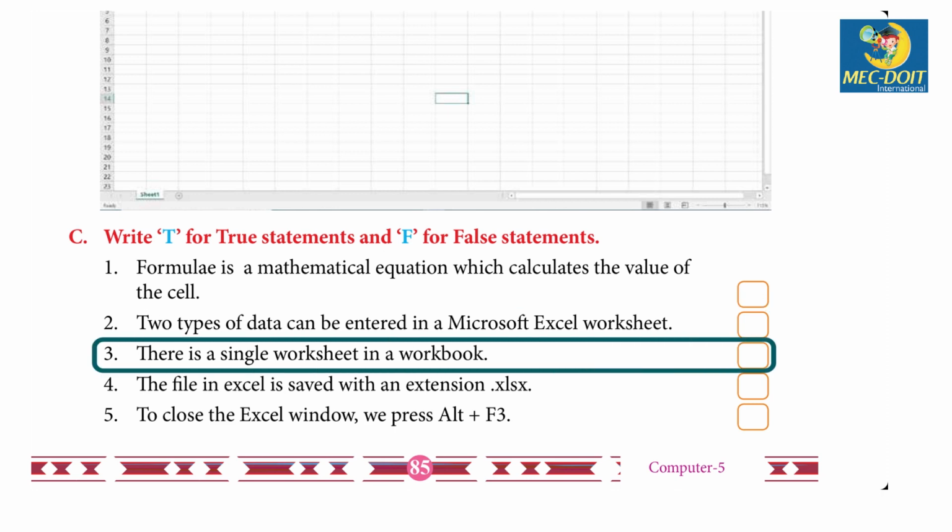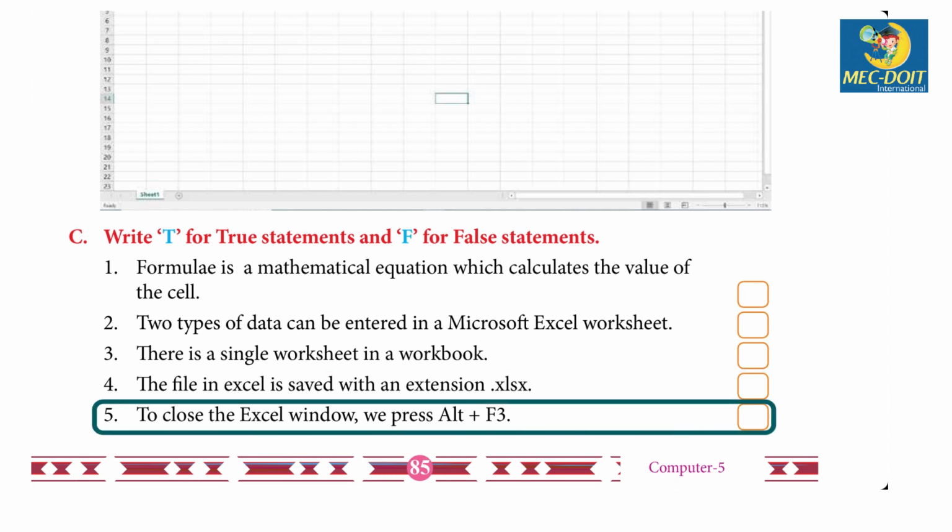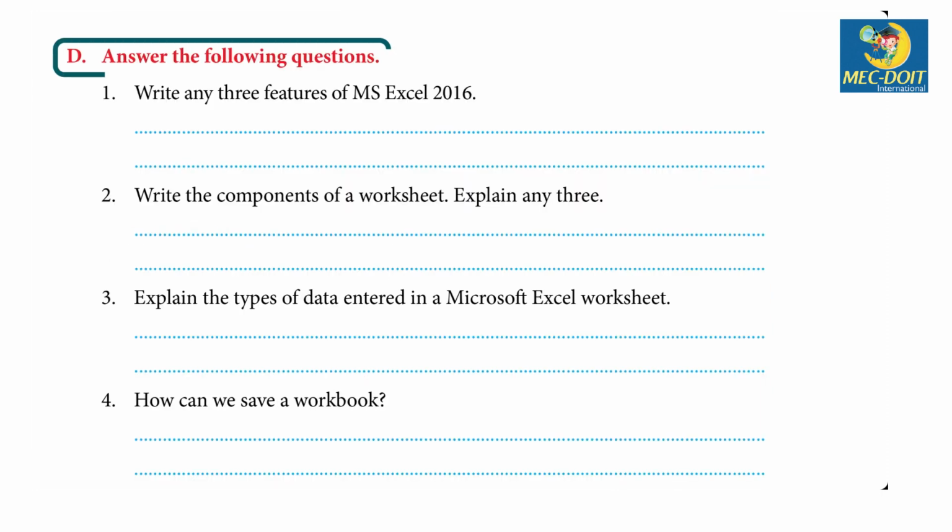There is a single worksheet in a workbook. Answer. False. 4. The file in Excel is saved with an extension XLSX. Answer. True. 5. To close the Excel window, we press Alt plus F3. Answer. False.